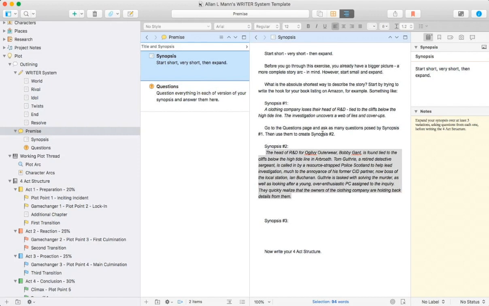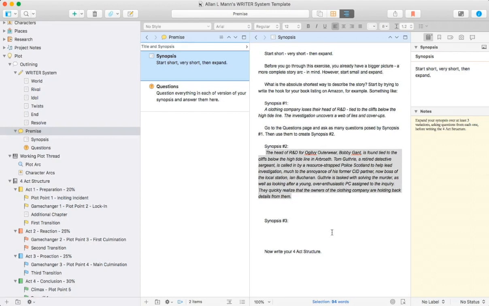So there we go. Go to the questions page, ask as many questions posed by synopsis number 1, then use them to create synopsis number 2. So we take all those answers and write this. The head of R&D for Ogilvy Outerwear, Bobby Gant, is found tied to the cliffs below the high tide line in Arbroath.